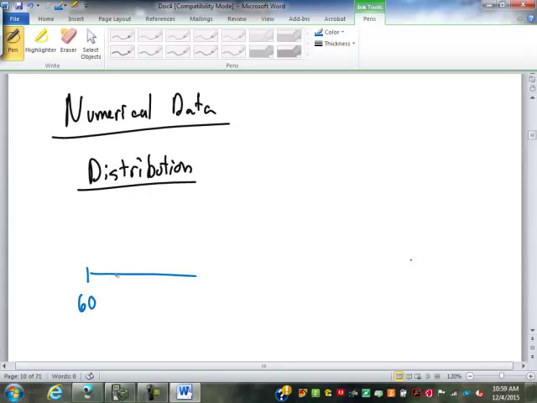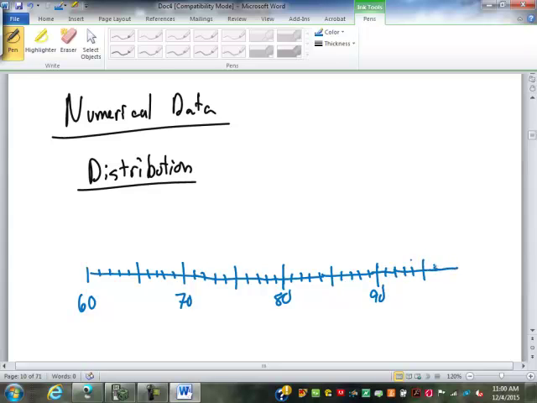So let's start out at 60% and work our way up. So from 60 to 100, we're looking at that range. Let's say all scores have fallen within that range.